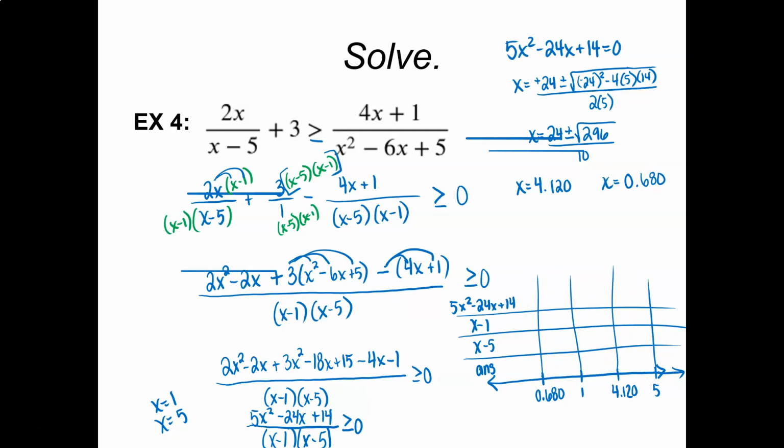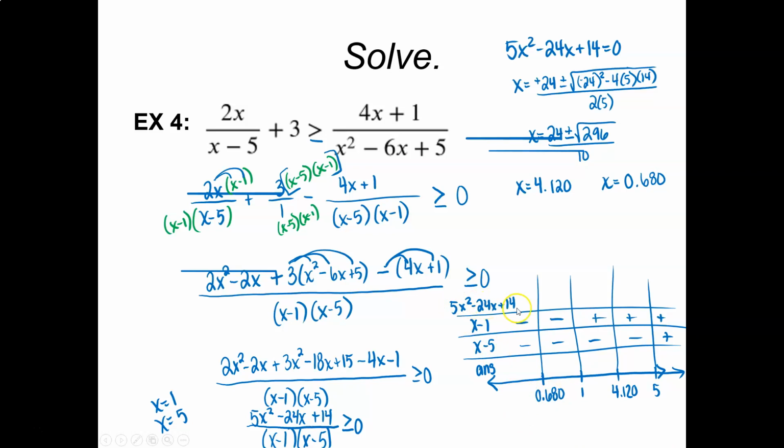I'm going to go ahead and do my lines for my x minus 1 and x minus 5 first. They're much easier. The x minus 1 will be negative, negative, and then the rest positives. The x minus 5 will be negative all the way up to that 5, and then it will be positive. And again, if I give you this, I will give it to you with a calculator. If we pick a number below 0.680, I would pick 0.